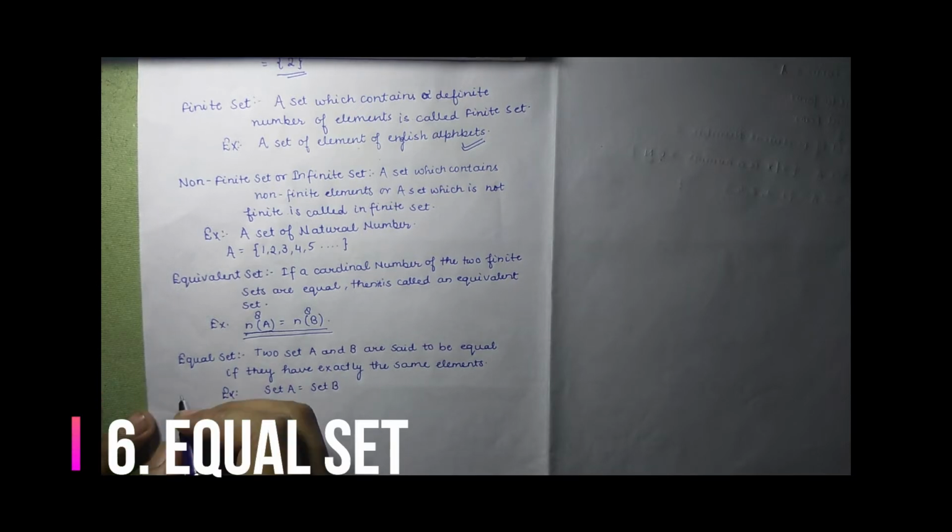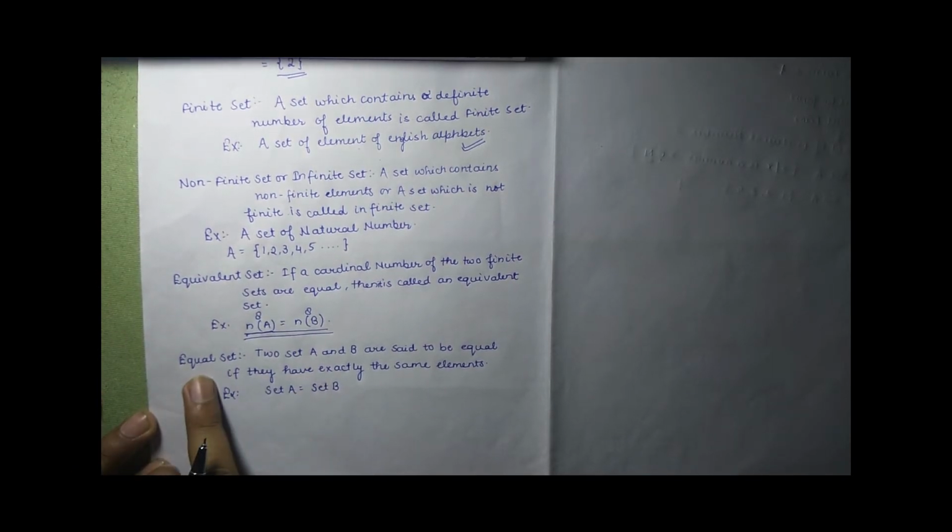We move on to the next type, the equal set. What is an equal set? Two sets A and B are said to be equal if they have exactly the same elements. Suppose set A has 4 elements 1, 2, 3, 4, and set B also has 4 elements 1, 2, 3, 4. That type of sets are called equal sets. In an equivalent set, only the quantity of the elements is considered, but in an equal set, the quantity as well as the elements of the set are considered.